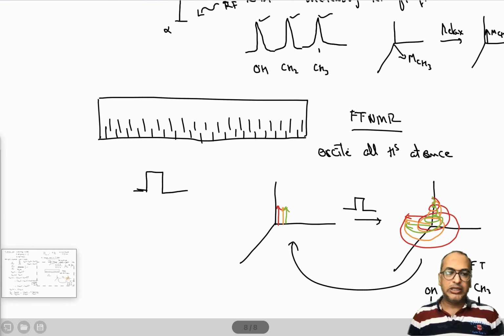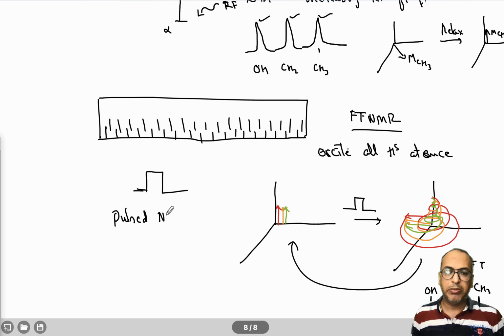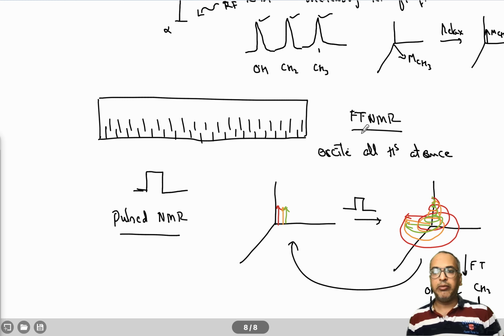This is because instead of one particular frequency for excitation, we apply a band of frequencies, or in other words, we apply a pulsed radio frequency. This technique is also called pulsed NMR, because we use radio frequency pulses for excitation. So pulsed NMR or FT-NMR is basically the same thing in different words, right?